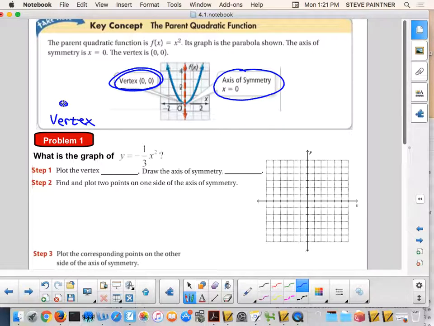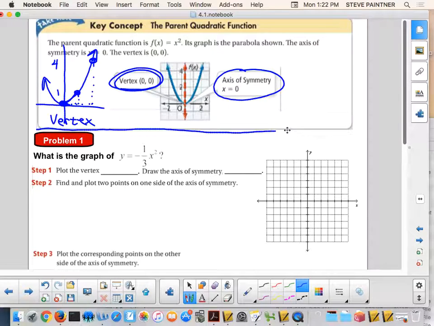Where do you go from here? Right 1, up 1. What about right 2? Up 4. Okay, so basically, if that is the y-axis, we're talking this right here. All right, so I do want you to know the behavior of your parent, which I think you already do.